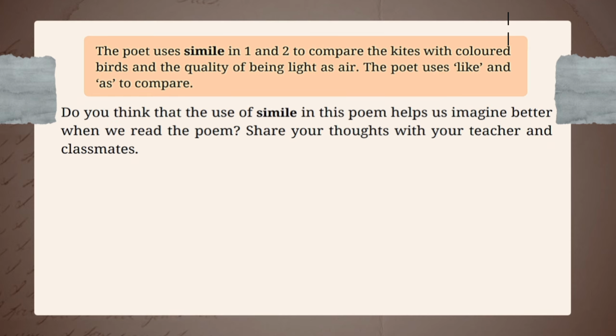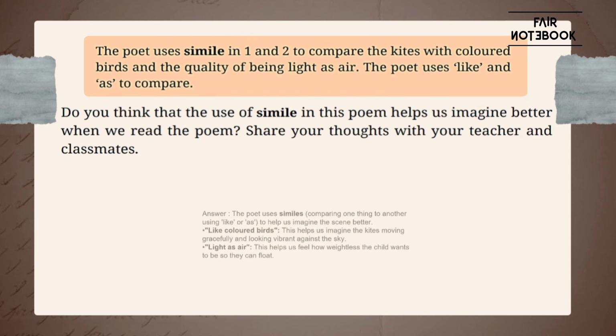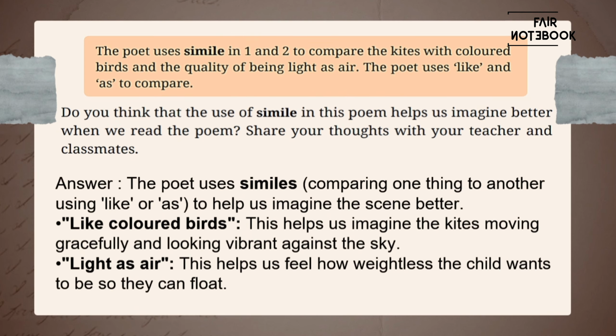The poet uses simile in the first and second to compare the kites with colored birds and the quality of being light as air. The poet uses like and as to compare. Do you think that the use of simile in the poem helps us imagine better when we read the poem? Share your thoughts with your teacher and classmates. Answer.